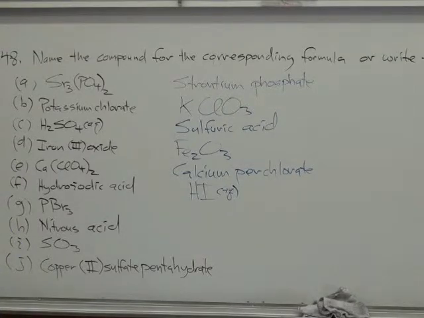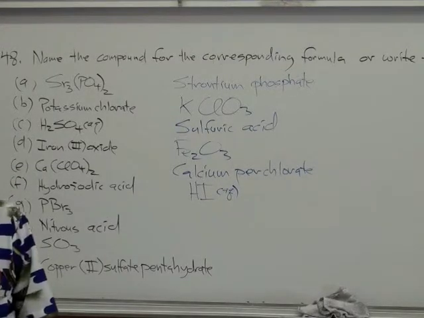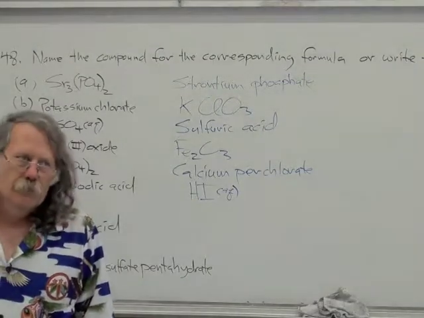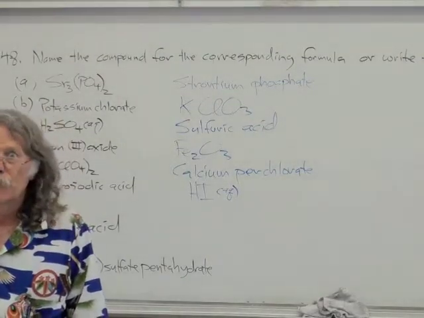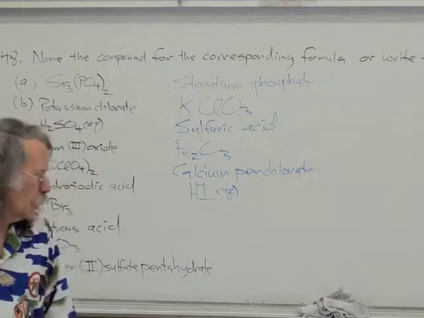So the nomenclature gets clearer with practice. Now the next one, PBr3. This is an example of a molecular compound. Molecular compounds are combinations of non-metal, non-metal. And non-metals readily form compounds with other non-metals, if you'll recall. The covalent compounds.